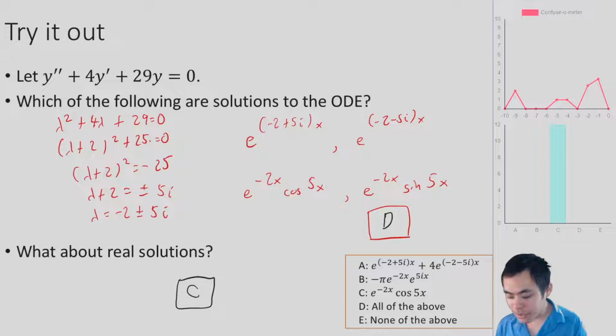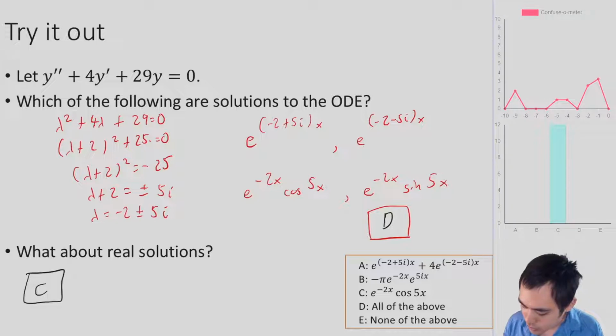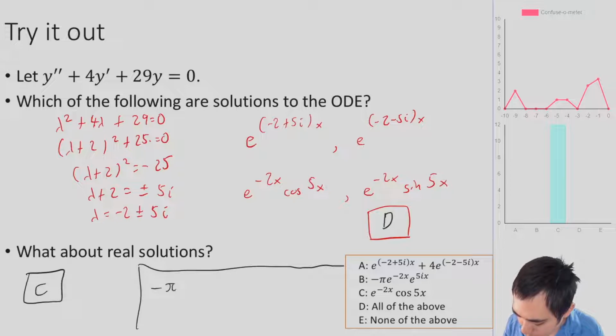Can I show how B is a solution? Yes, I can. That's a very good point. So let me give myself a little bit of space. So what is B? Minus pi e to the minus 2x e to the 5ix, right?